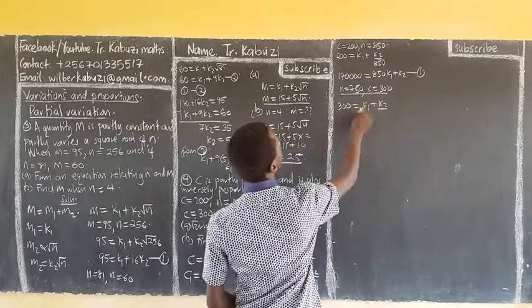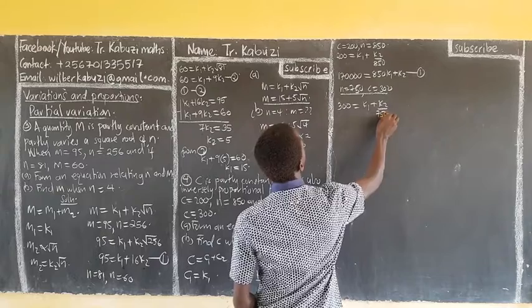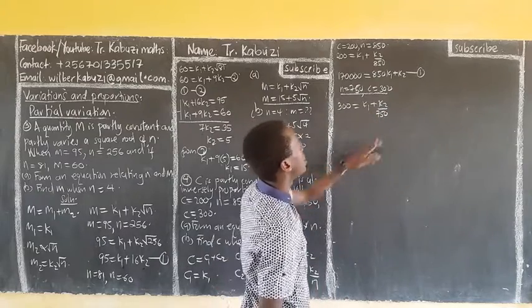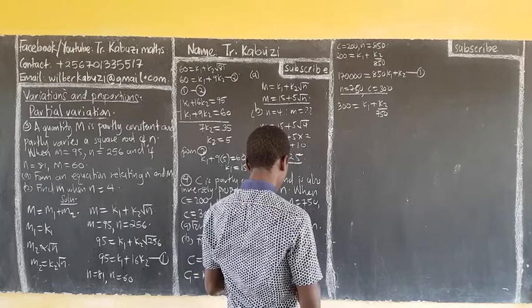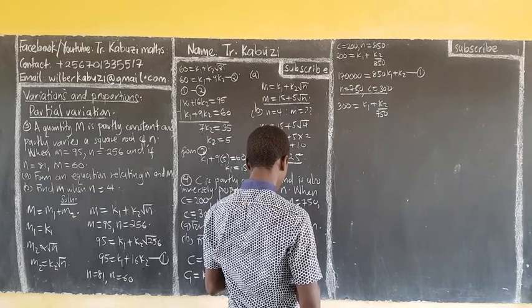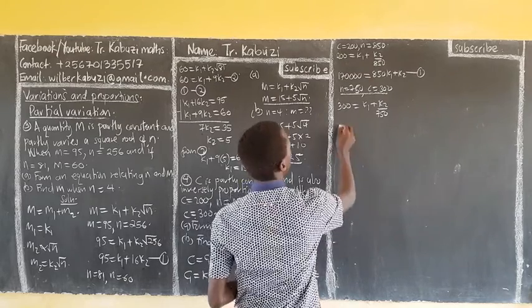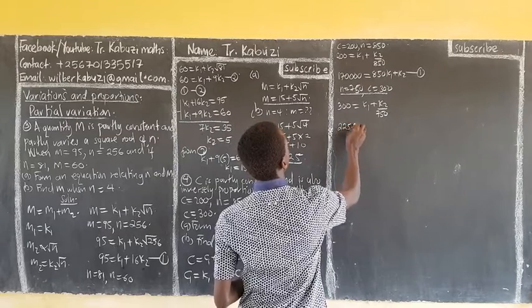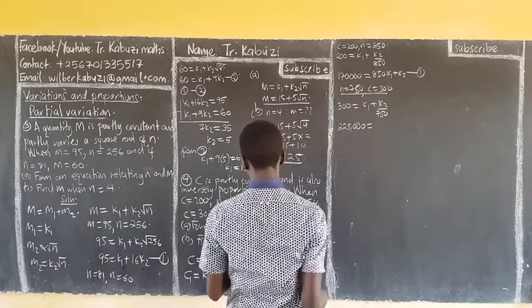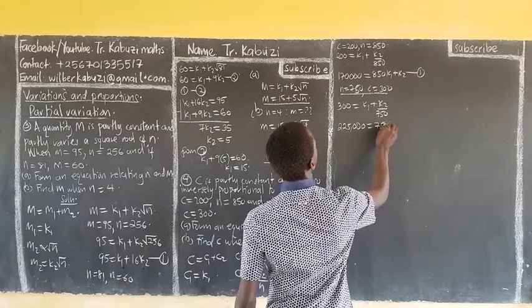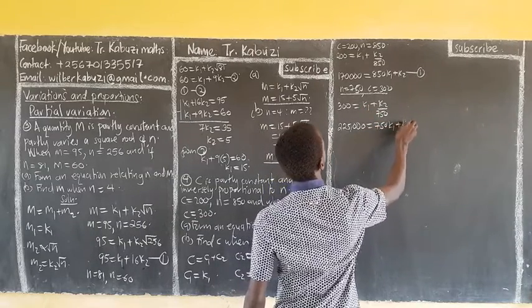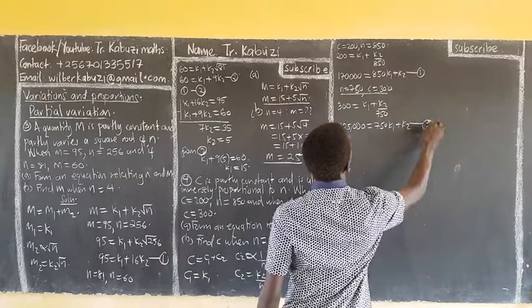My n is 750, so multiply through by 750. This will give us 225,000 equal to 750 K1 plus K2, and this is equation 2.